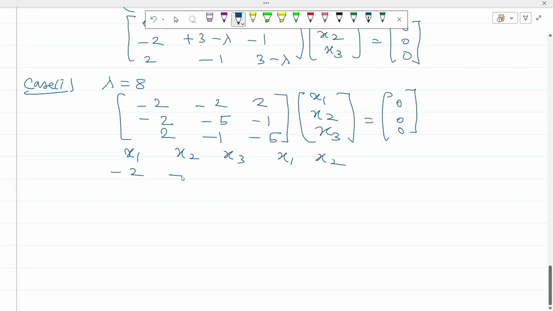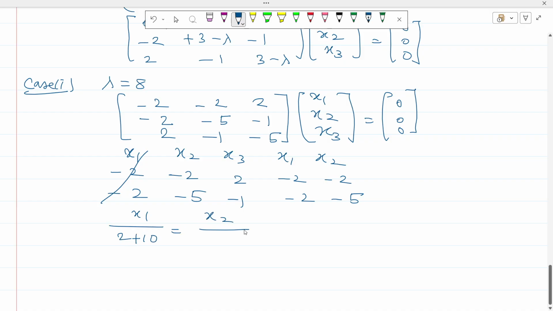Here minus 2, minus 2 plus 2, minus 2, minus 2, minus 5, minus 1, minus 2, minus 5. So what is x1? x1 is 2 plus 10. x2 is minus 4, minus 2, minus 6. x3 is 10, 10 minus 4.